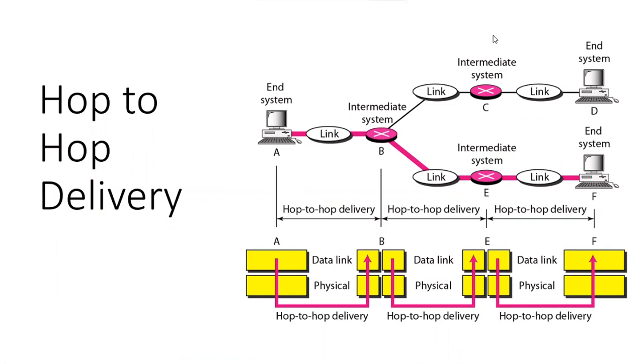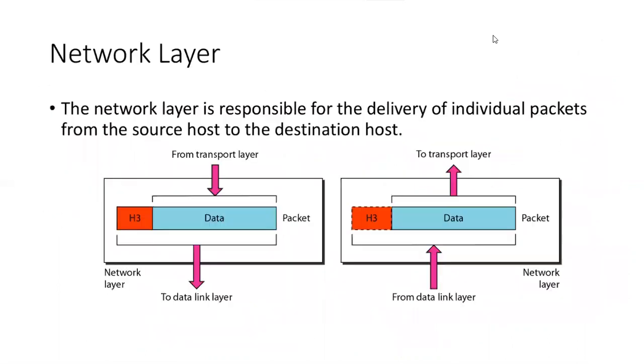But to send from A to F, I have to first send from A to B. This is the responsibility of the data link layer. Similarly, from B to E, that is the next hop, this is the responsibility of the data link layer. And finally, from E to F, that is also the responsibility of the data link layer. So the data link layer is responsible for hop to hop delivery.